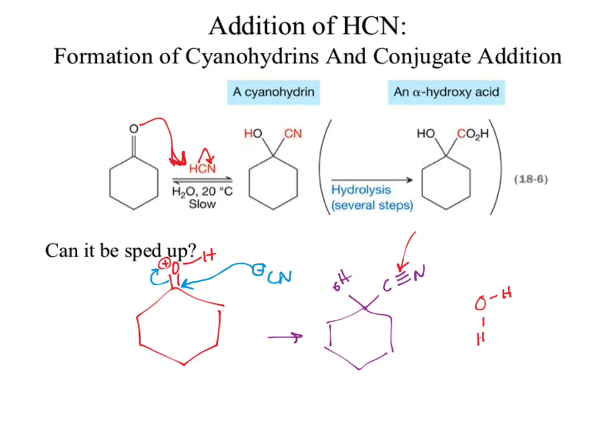This is where water comes in. Water as a nucleophile in this reaction could come in and attack, and then another water can come in and attack again. So with 3 attacks of water into that, what happened to the nitrogen? It left.